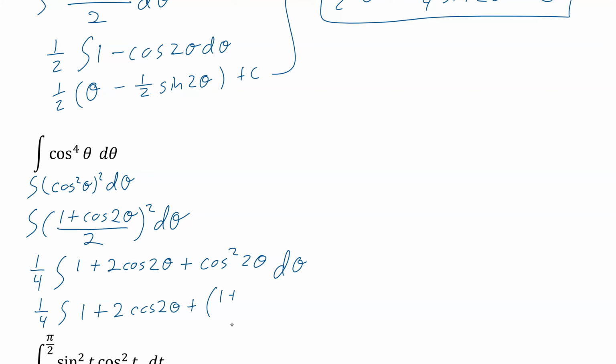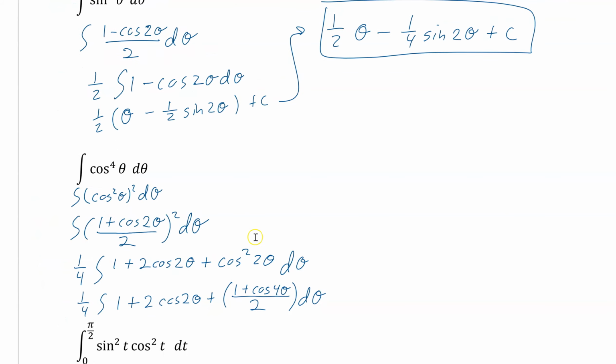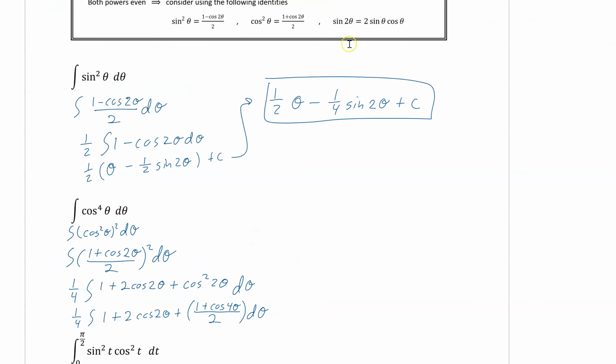So this is 1 plus cosine, but you remember before, this is 2 theta, right? So when you double it, it's just going to become 4 theta over 2 d theta, like that.